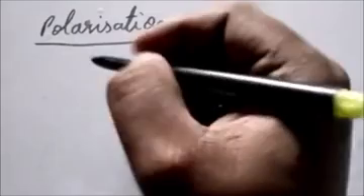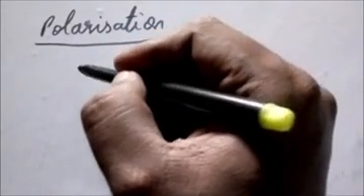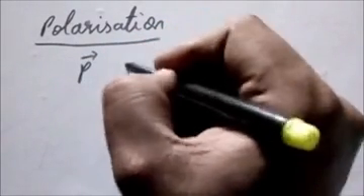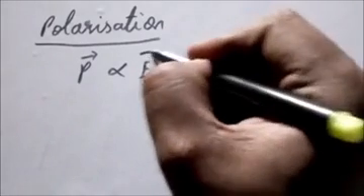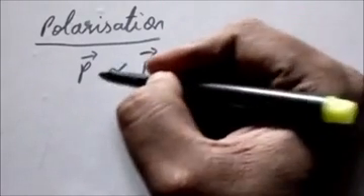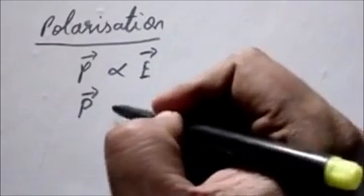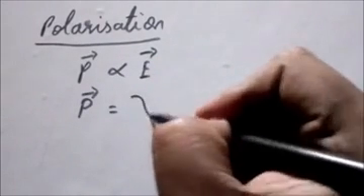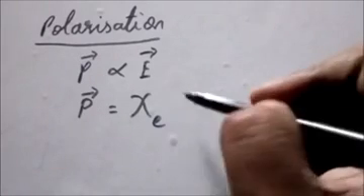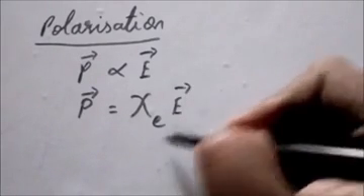The polarization of a molecule is directly proportional to the electric field. More electric field means more polarization. To remove the proportional sign, we put an equal sign and a constant times the electric field.